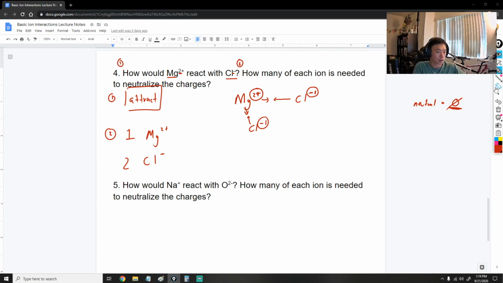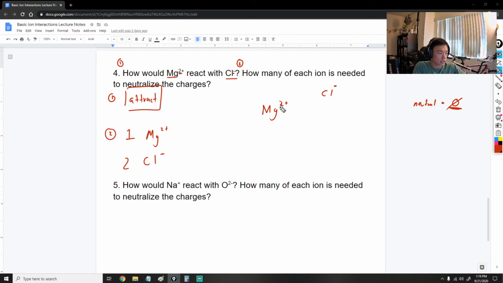Okay, so let me draw it another way just to help you guys visualize it a little bit better if that was a little bit challenging for you. Like I said, Mg is positive 2, right? 2 plus. So you can just think of it as having 2 positive charges. Cl has 1 negative charge. It's negative 1.